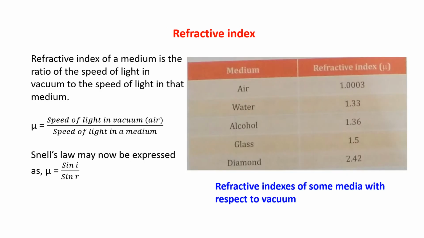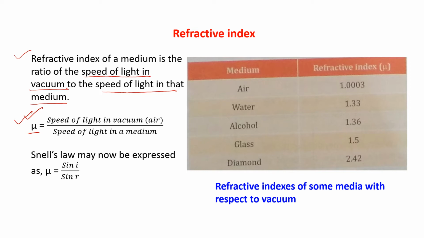So now what is refractive index? Refractive index of a medium is the ratio of the speed of the light in vacuum to the speed of the light in that particular medium. It is denoted by the letter mu.